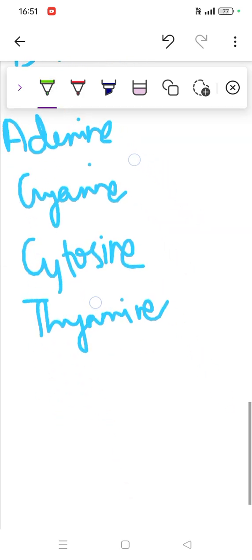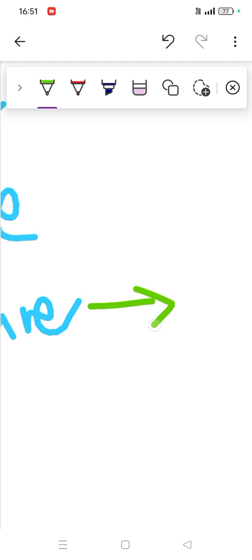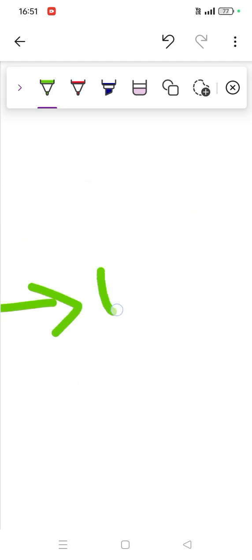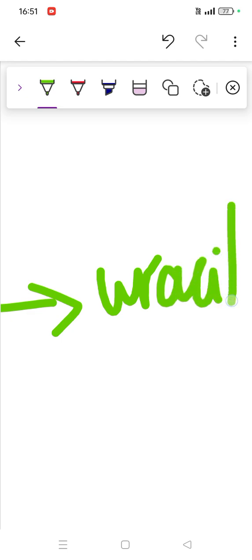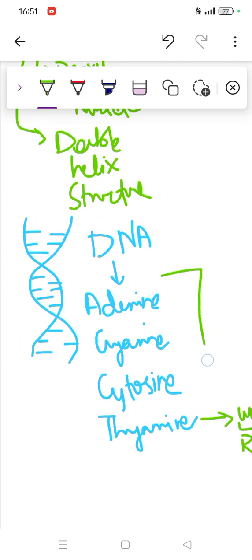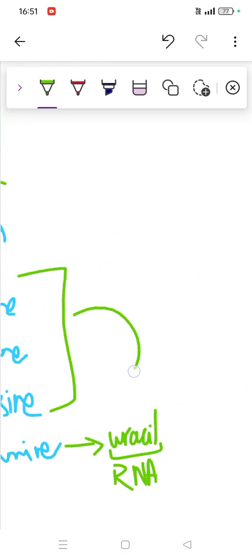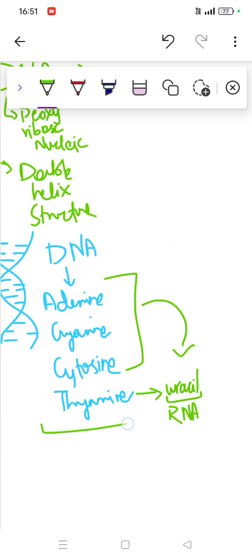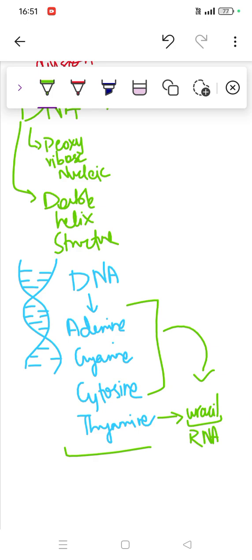Thymine is present in DNA, but in RNA it is replaced with uracil. Wherever you see the word uracil, we are talking about RNA. Otherwise adenine, guanine, and cytosine are the same in RNA as well, but in DNA only thymine is present, and in RNA uracil. This is about DNA.